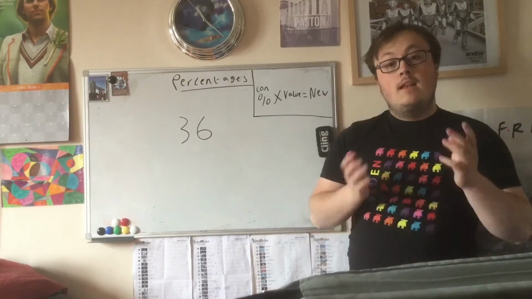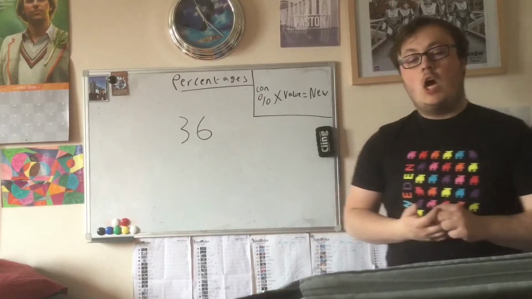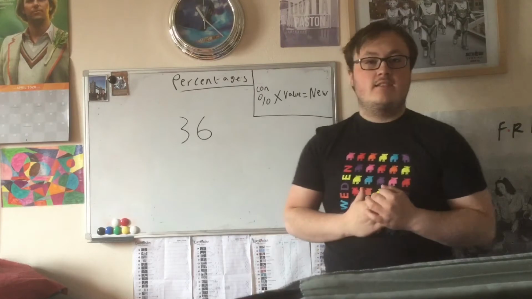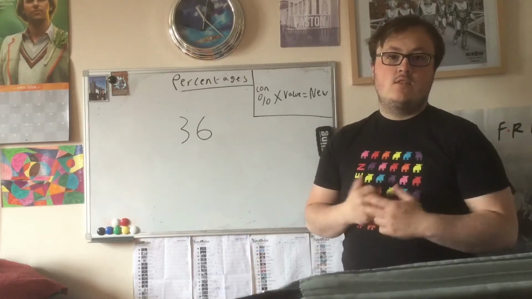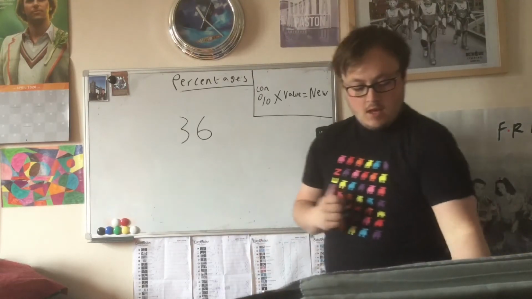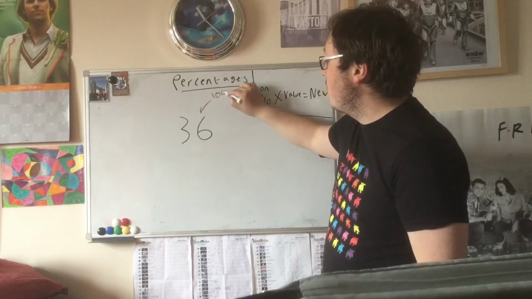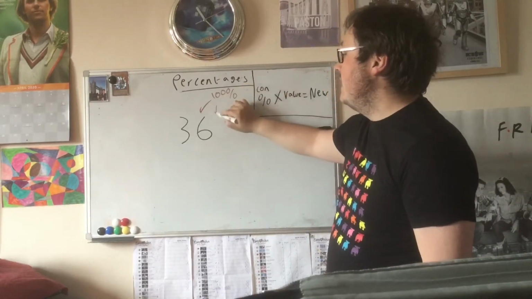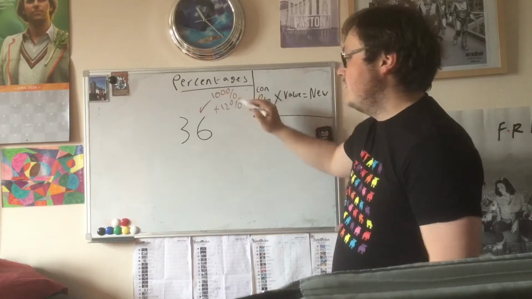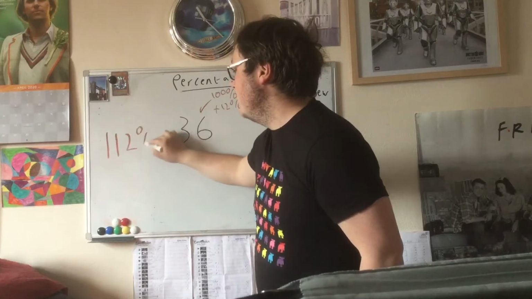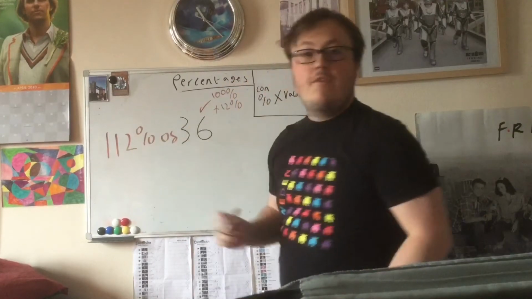So, let's try this now with an increase. I have a number 36, and I've increased 36 by 12%. What's the value now? So 36 is 100%, and I'm adding 12% to that. So I'm finding 112% of 36.